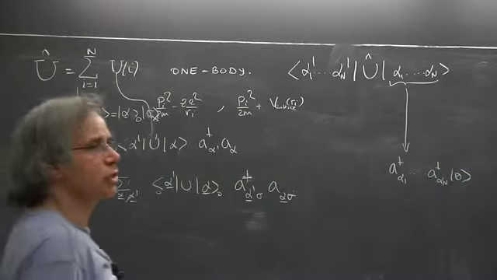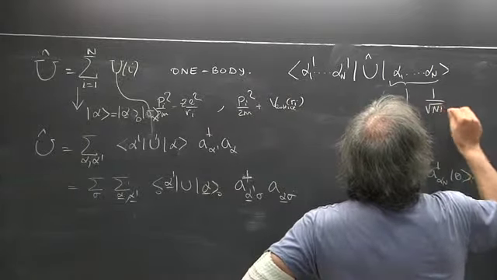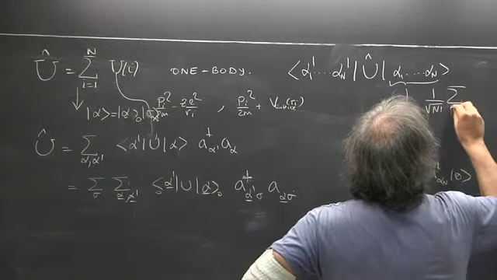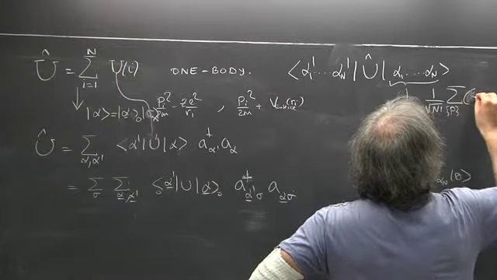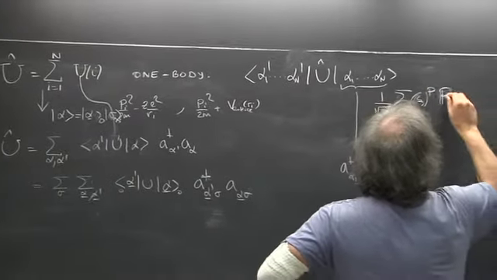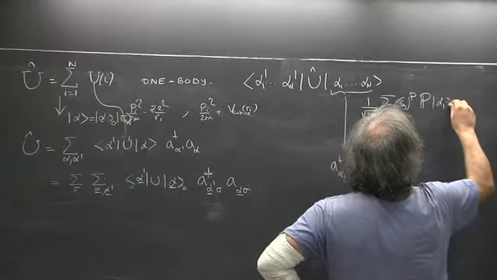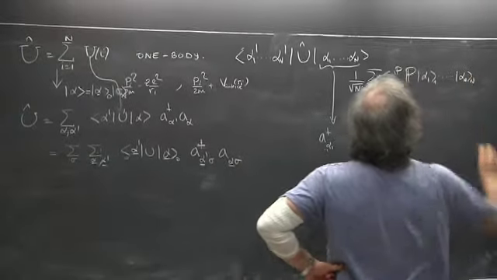In first quantization, they have a more clumsy look of this type, a sum over all permutations, xi to the P, the permutation acting on alpha 1 through alpha n.